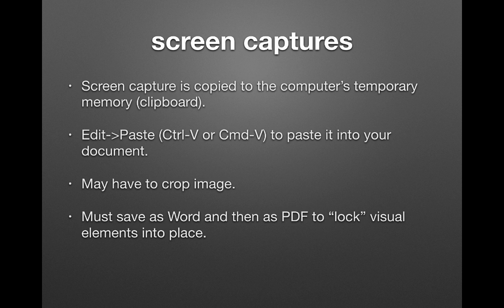When you click on an image, you'll see those image editing tools appear at the top, and crop is one of them. Okay, so we're going to put all this together in a Word document, and then save it as a PDF to lock those visual elements into place.